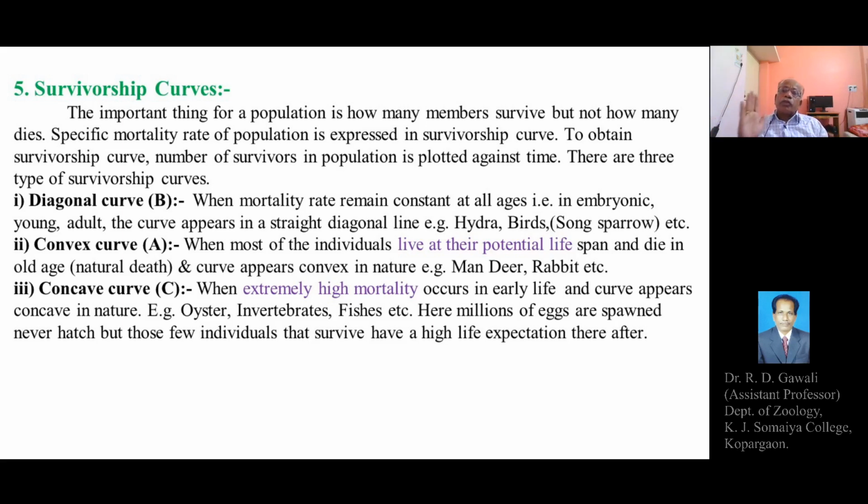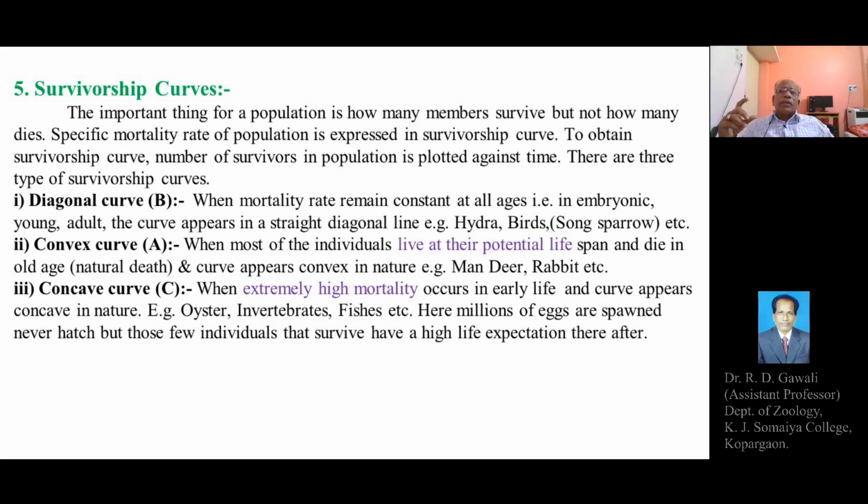So here millions of eggs are spawned but never hatch. There is an extremely high mortality rate during embryonic development, which might be due to unfavorable conditions of the surrounding environment, or predation, or feeding by natural enemies.